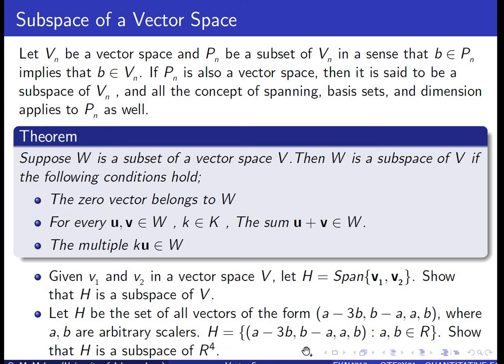That's just another way of defining H. So I need to show that H is a subspace of R4, right? Obviously H is in R4 because it's a vector with 4 components, 1, 2, 3, and 4. So in order to show that H is a subspace of R4, H should satisfy all these 3 properties.